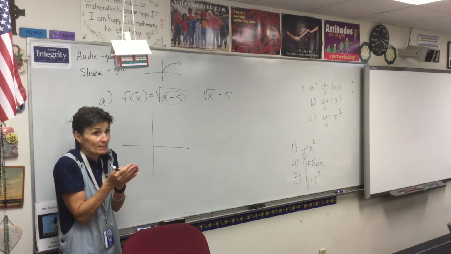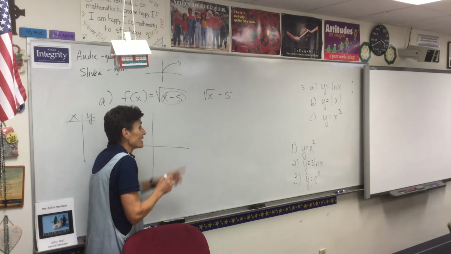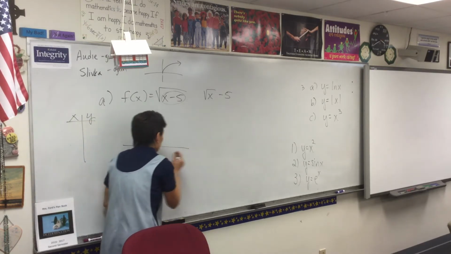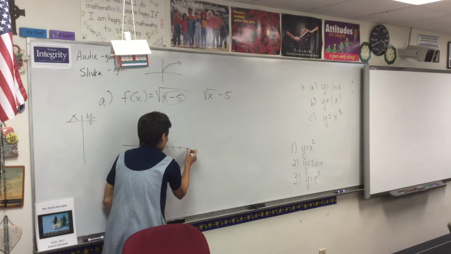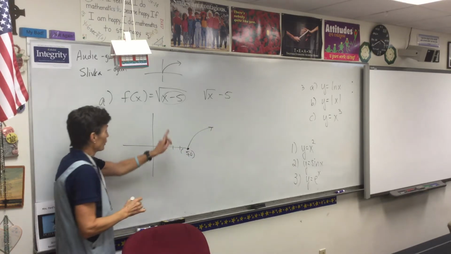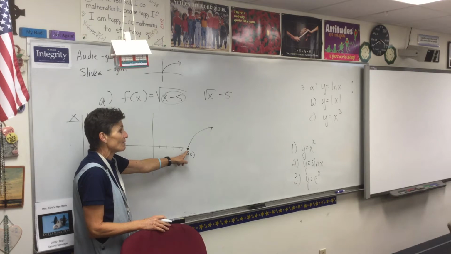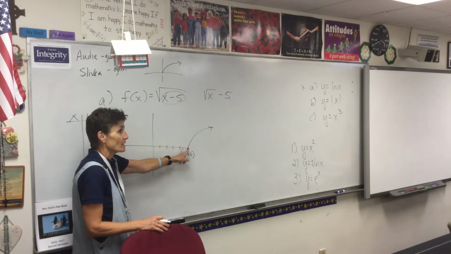And since it's -5, it actually goes 5 units to the right. So you have your square root function sitting 5 units to the right.